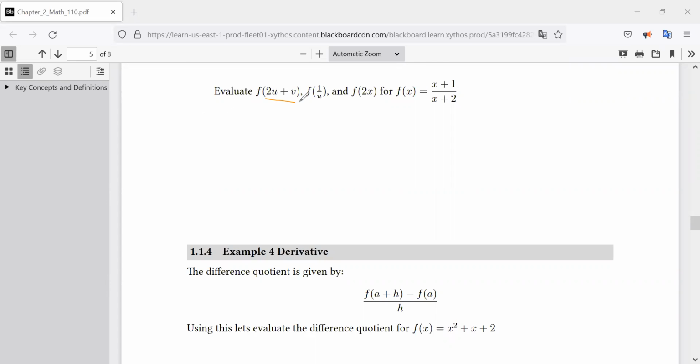So if I do f of 2u plus v, what's that going to be? 2u plus v plus 1 over 2u plus v plus 2. Exactly. And I'll just do this one for you guys. That would just be 1 over u plus 1 over u plus 2.